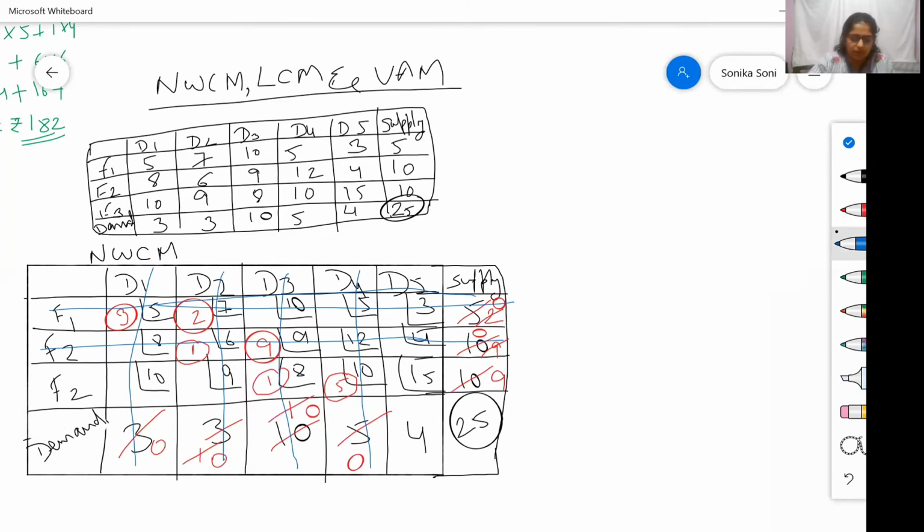Then we have only 4 remaining in demand as well as in supply. So we cancel the 4 and 4 of demand and supply. We allocate 4 here in the F3D5 column.